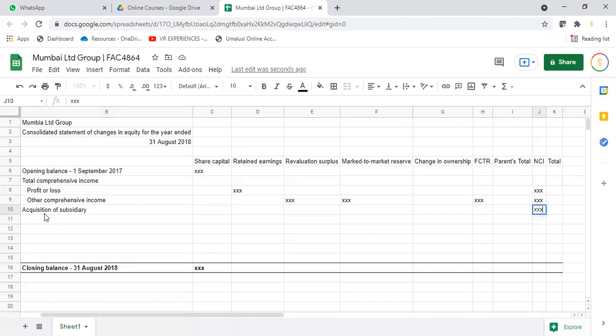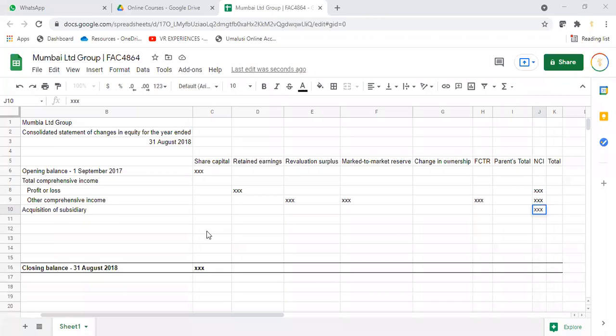And the amount that goes over there by NCI would be NCI at acquisition. Okay, very important to take note. So just take note of that.